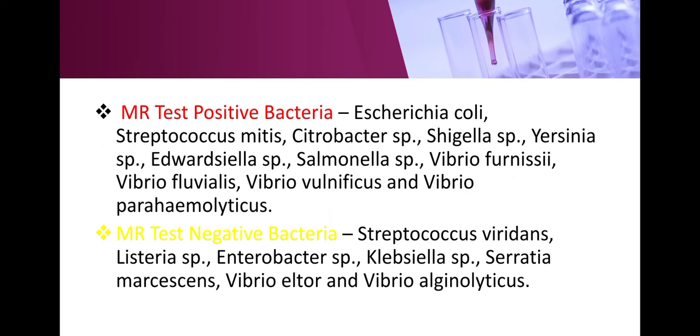MR test negative bacteria: Streptococcus viridans, Listeria species, Enterobacter species, Klebsiella species, Serratia species, Serratia marcescens, Vibrio cholerae El Tor, and Vibrio alginolyticus. These all come under the MR test negative bacteria.